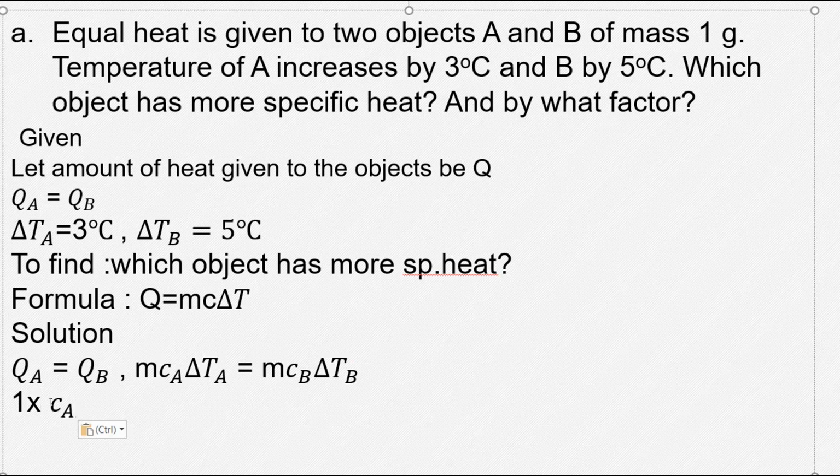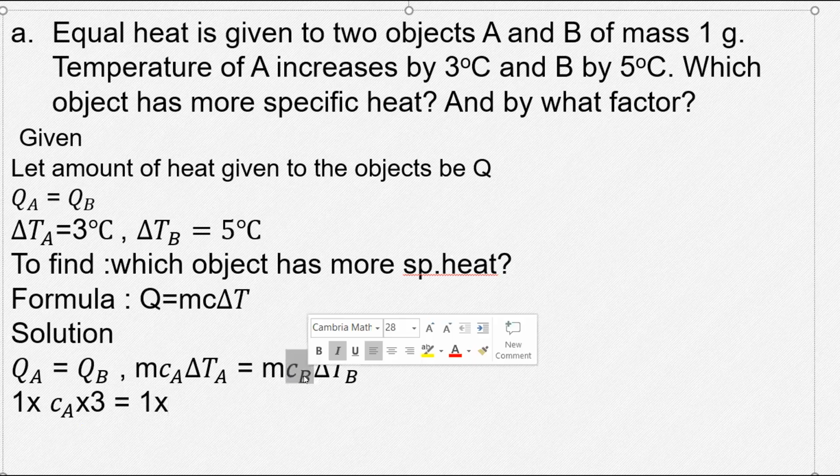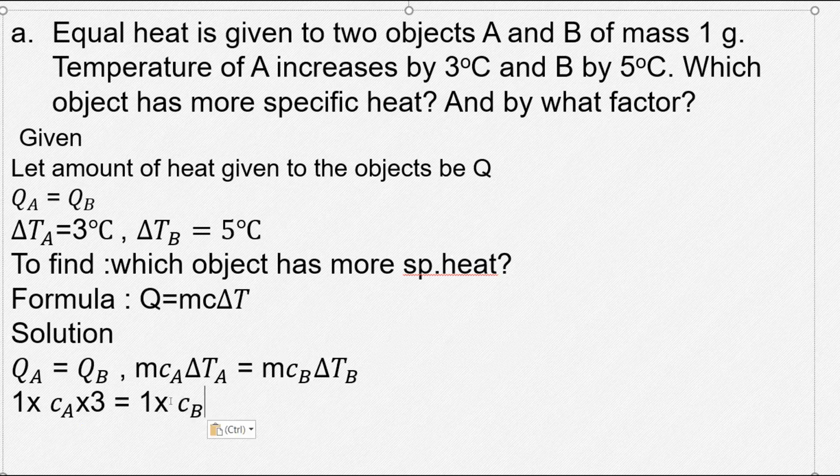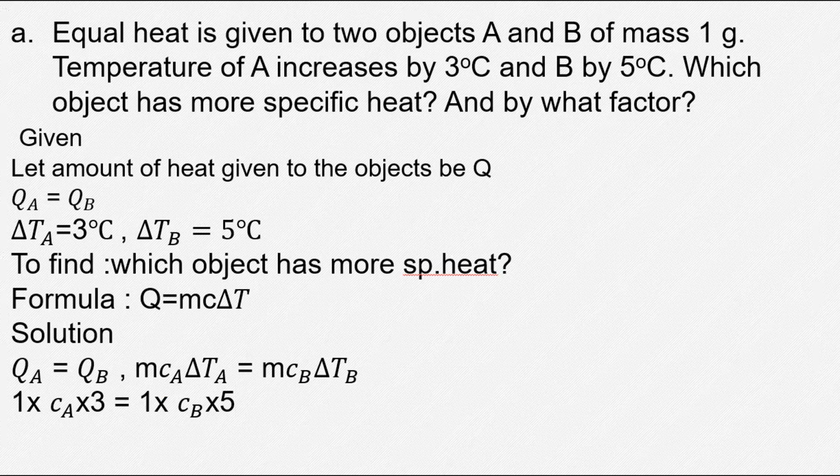We want to find out CA. We know delta TA is 3, and MC delta TB, that is 1 into CB into delta TB, which is 5. So 1 into CA into 3 gives 3CA, and 1 into CB into 5 is 5CB.